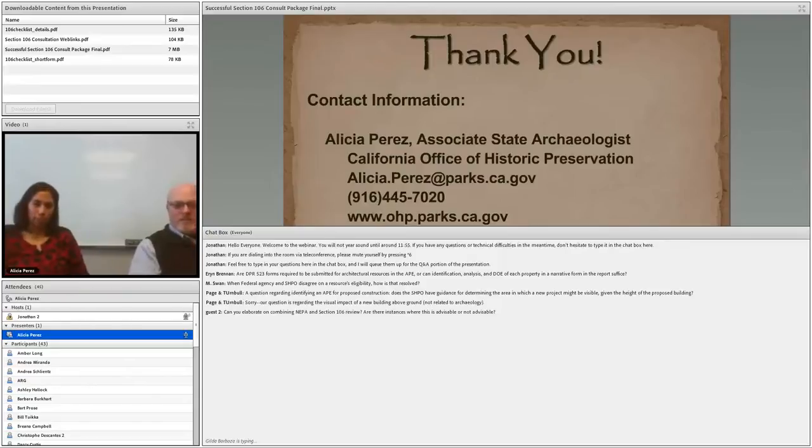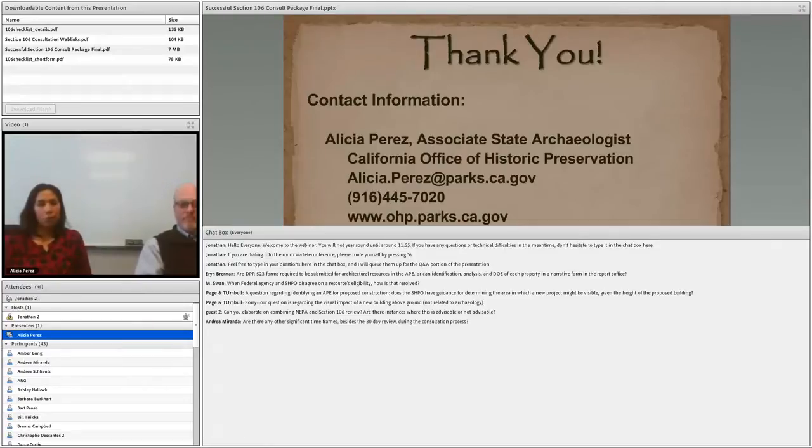Where it will be visible from would be the area to include in the APE. Okay, and just a note, since Mark, you mentioned the checklist, at the top left-hand side of the screen we provided those PDFs. So if you need to download those and take a look at them, they're there. And Alicia also included them as links in her PowerPoint.